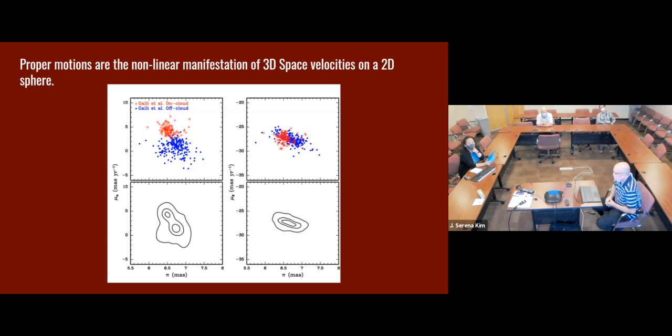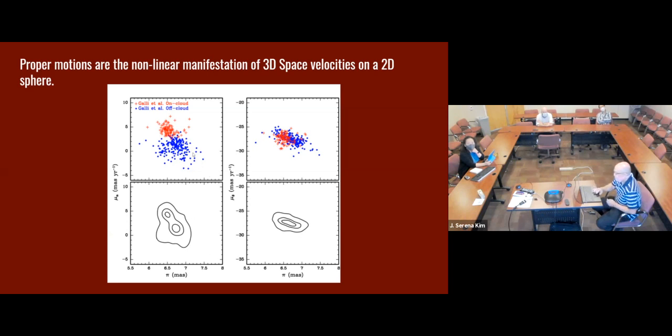So those 2D spherical motions do not relate linearly to 3D space motions. And if you have stars that have the same space velocity, but are just on different portions of the celestial sphere, their proper motion will be completely different.